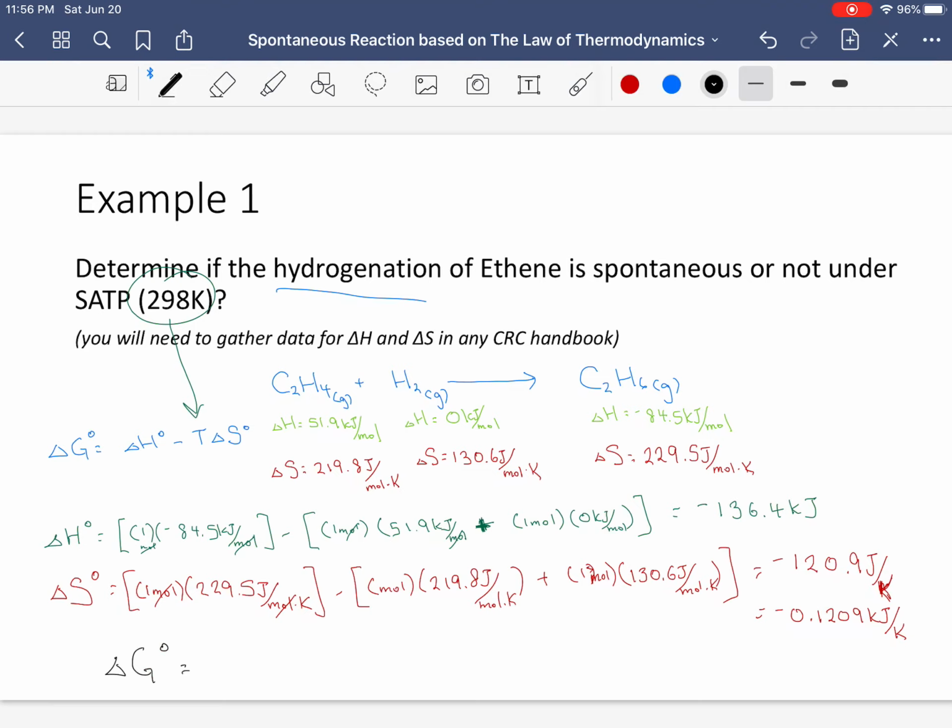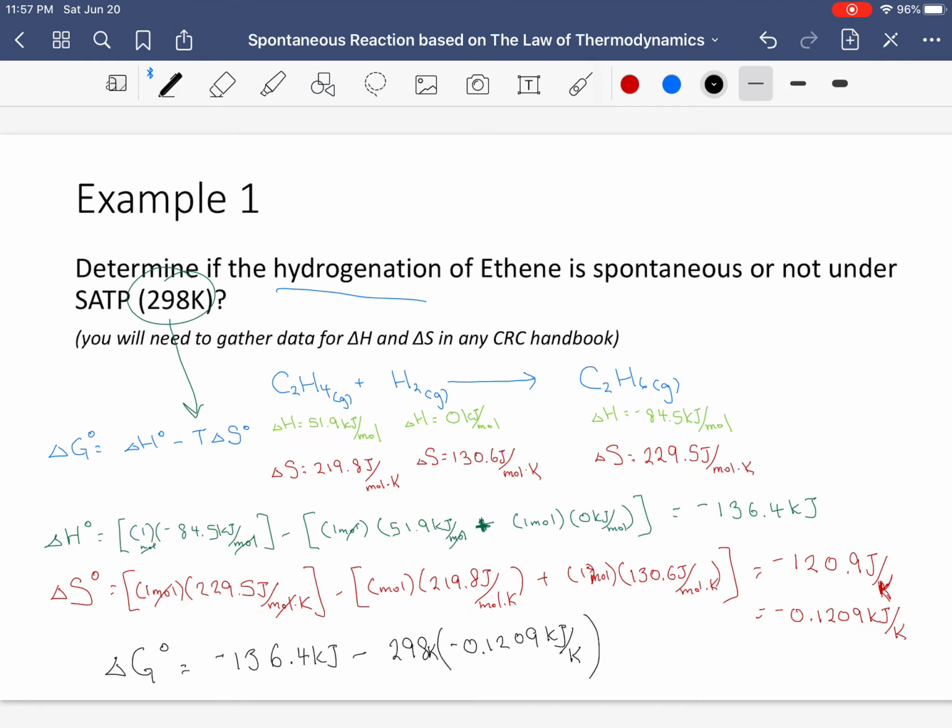Delta G is equal to negative 136.4 kilojoules minus 298. Remember, it has to be in Kelvin. That's 25 degrees Celsius. Times negative 0.1209 kilojoules per Kelvin.